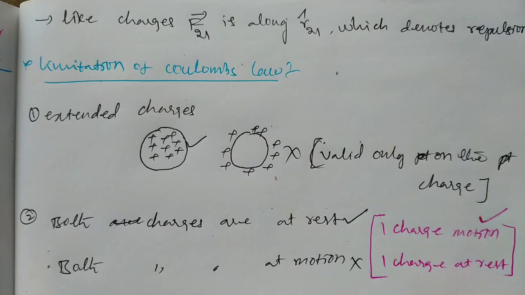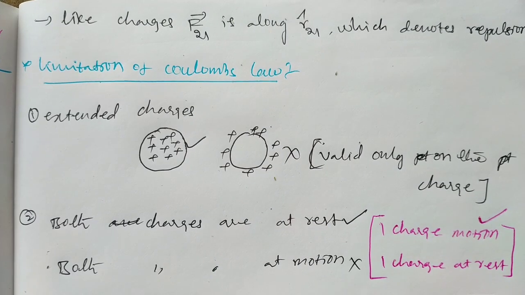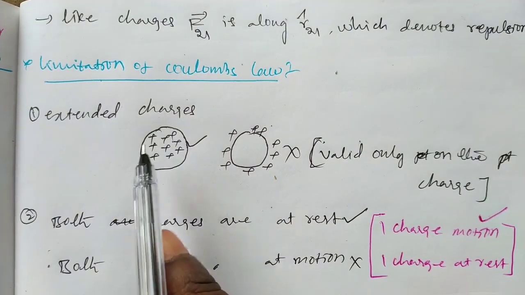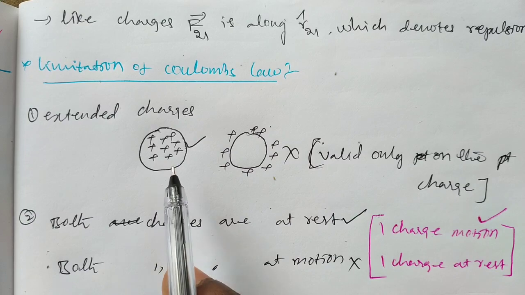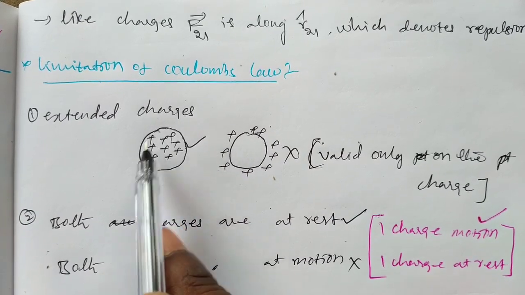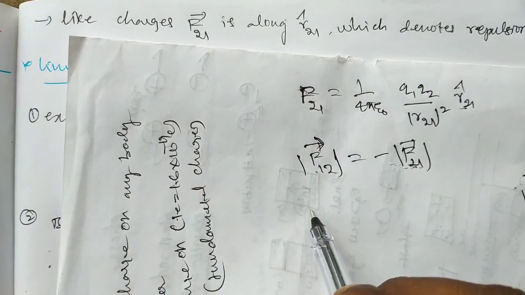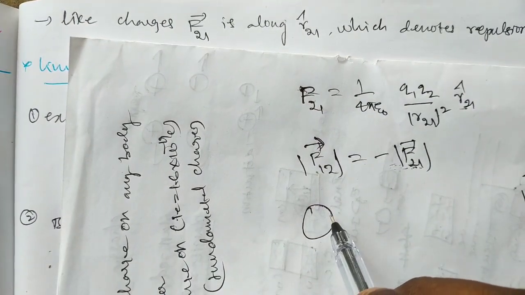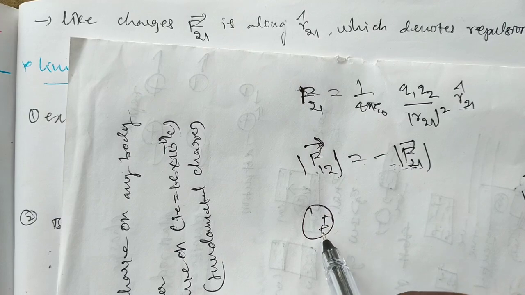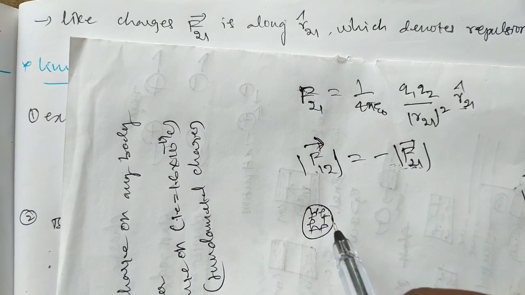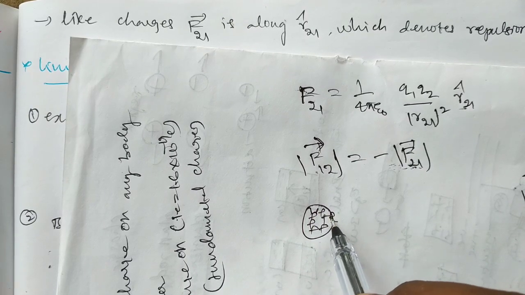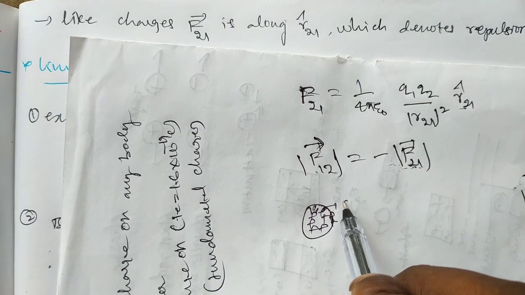Some limitations of Coulomb's law: we can consider one sphere. Up to the surface, the charges are positive or negative, and we can consider the net charge.